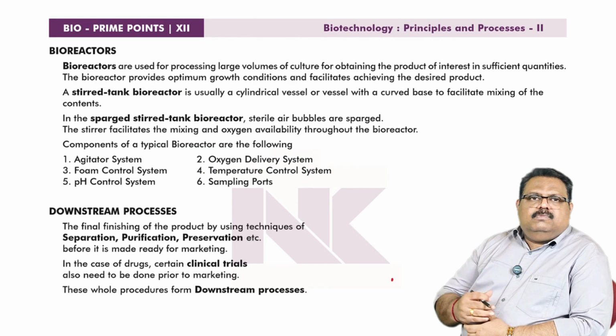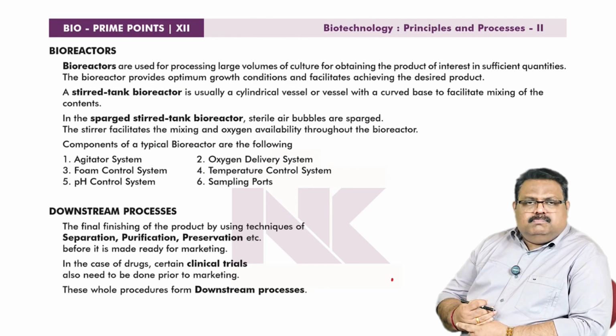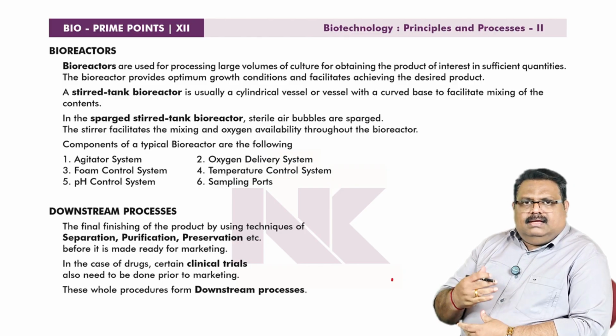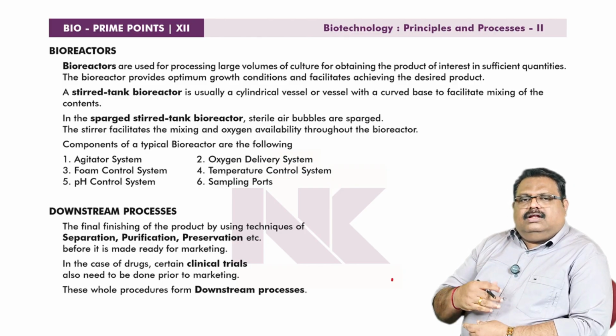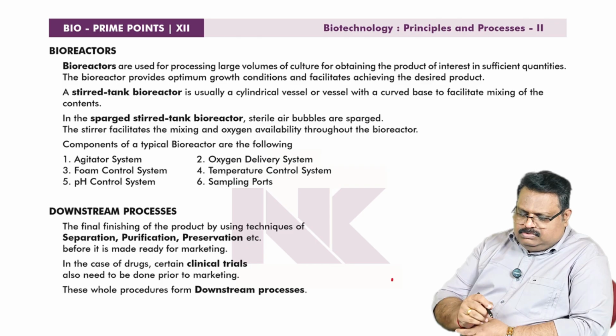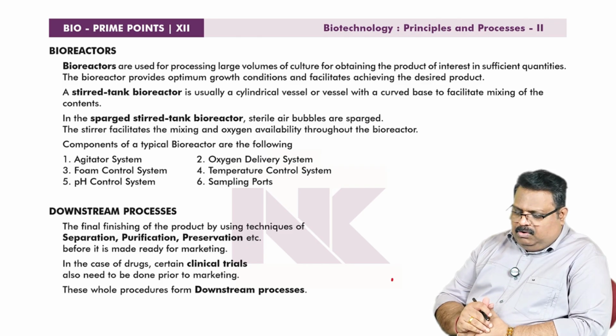Okay. The next bioprime point in this session is bioreactor. Bioreactor is a machine where the transformed host cells are cultured on a large scale. Bioreactors are used for processing large volumes of culture for obtaining the product of interest in sufficient quantities.